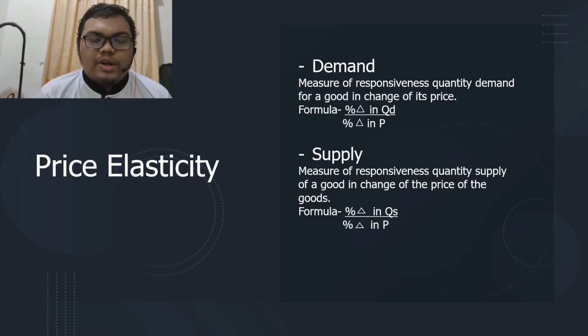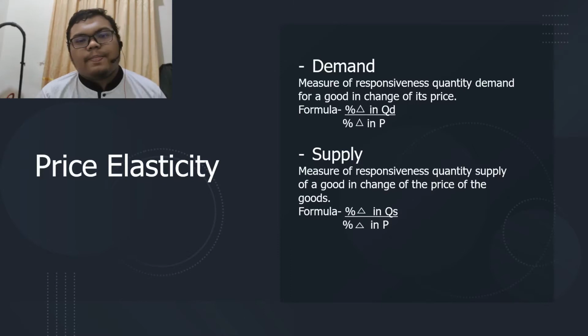For price elasticity of supply, the definition is the measure of responsiveness in quantity supplied of a good to a change in the price of the good. The formula is percentage change in quantity supplied divided by percentage change in price.